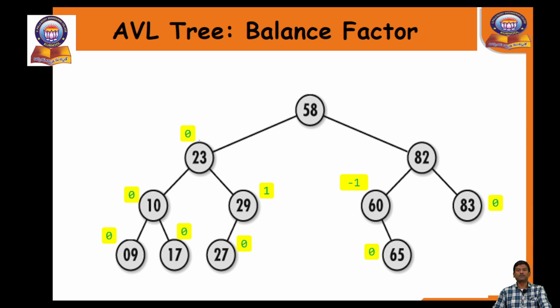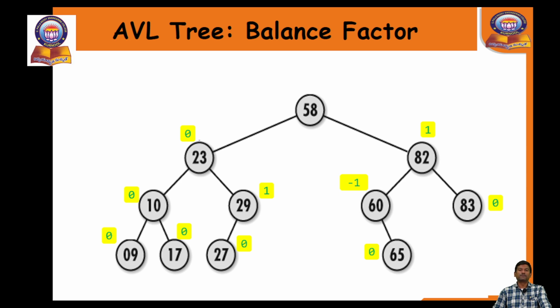And coming to node 82, there are 2 levels down. That is, the left subtree is equal to 2 minus the right subtree equal to 1. So 2 minus 1 will be equal to 1. And similarly, coming to node 58, node 23 is one level, node 10 is another level, and similarly node 9 is another level. So 1, 2, 3.